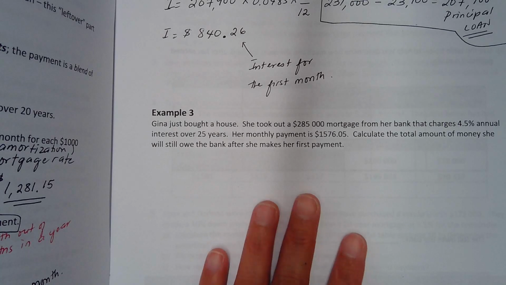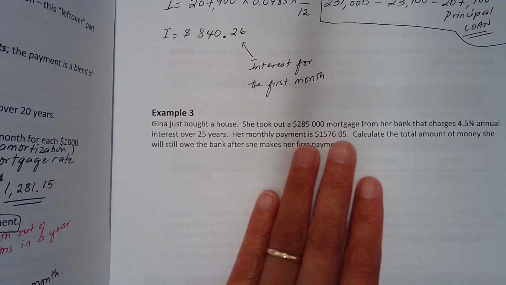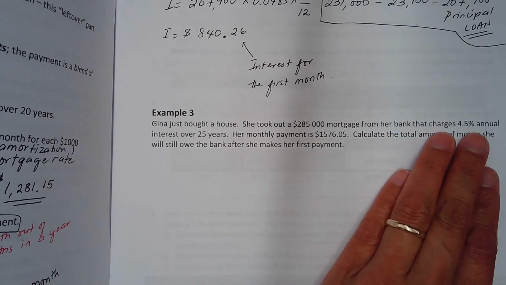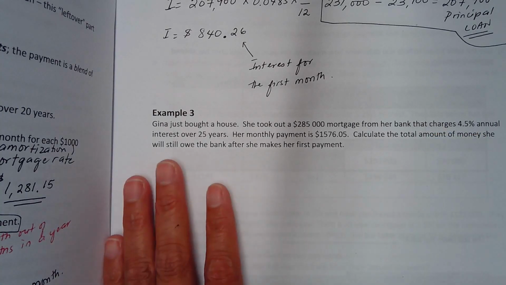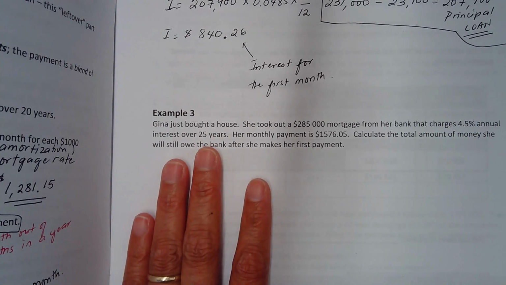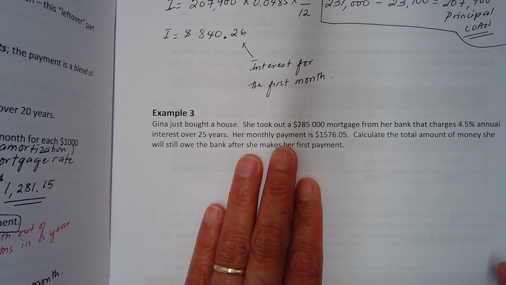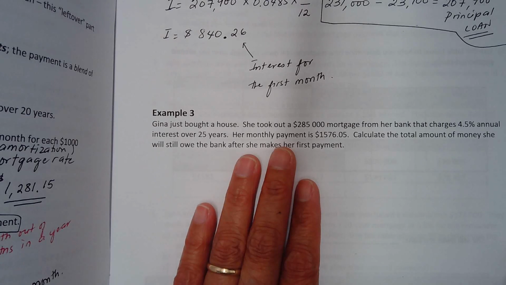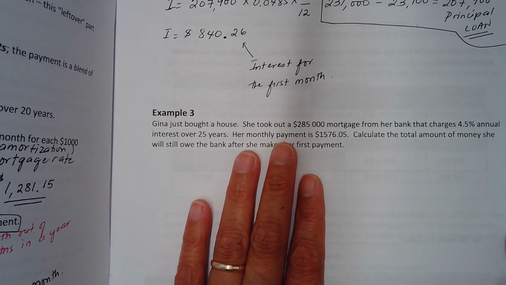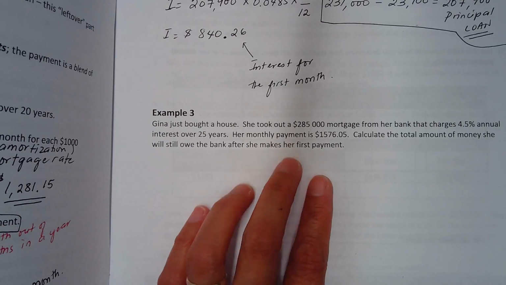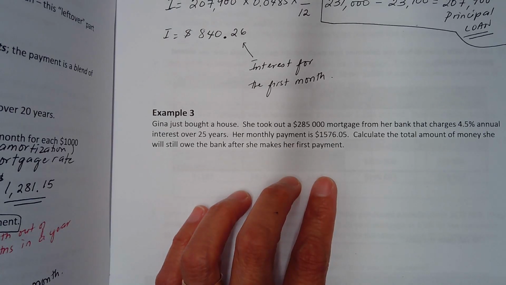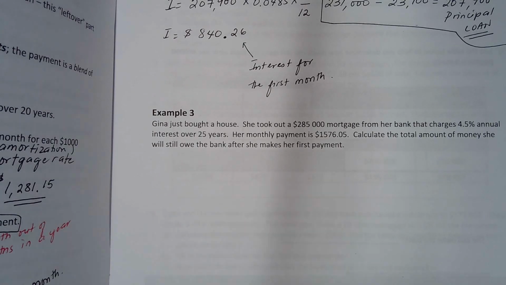She took a $285,000 mortgage from her bank, 4.5% interest rate for 25 years. They already gave us the monthly mortgage payment of $1,576.05. Calculate the total amount of money she still owed the bank after she made a first payment. So, how much money does she still owe the bank?